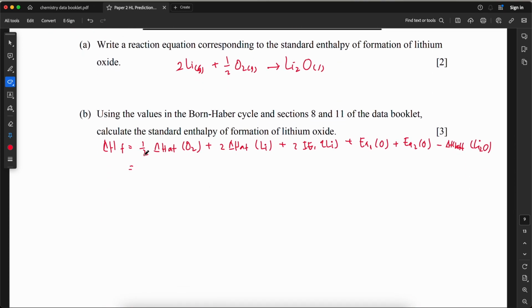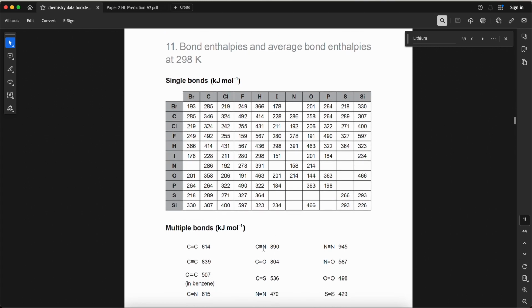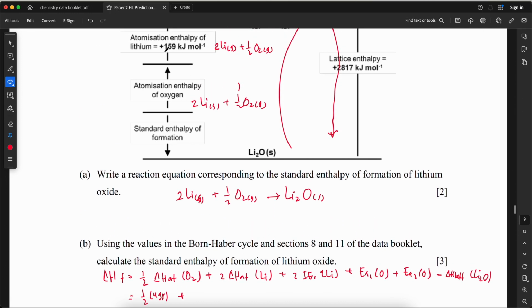So for atomization of oxygen, you can refer to the data booklet, oxygen double bond O. So that would be 498. So half of 498, plus atomization of lithium is known here.